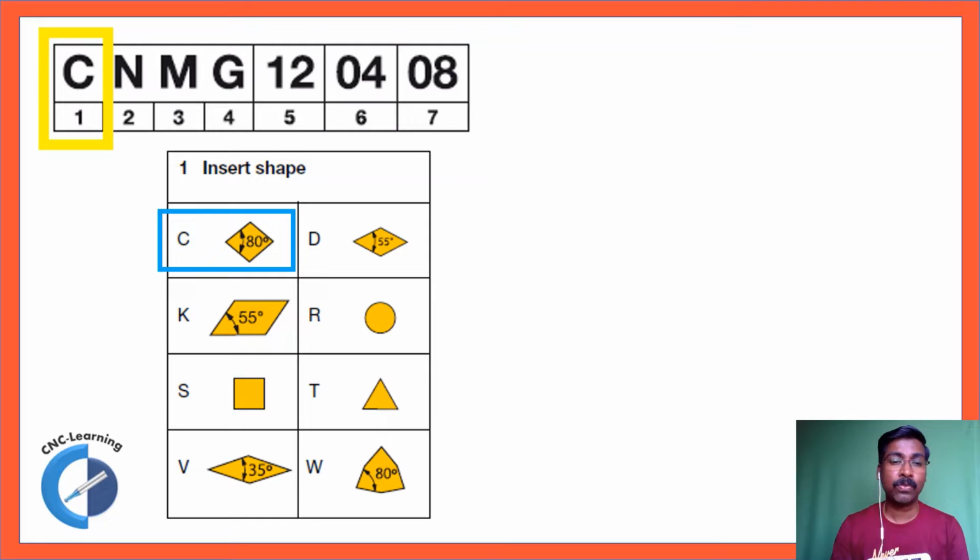C stands for 80-degree shape. And the other shapes you can see: D for 55 degree, K for 55 degree, R for round, S for 90 degree, T for 60 degree, V for 35 degree, W for 80 degree.